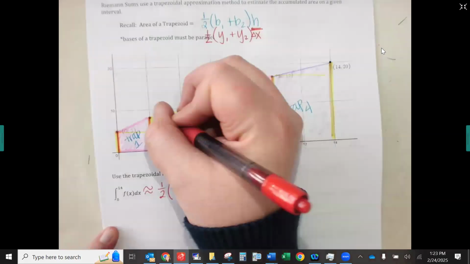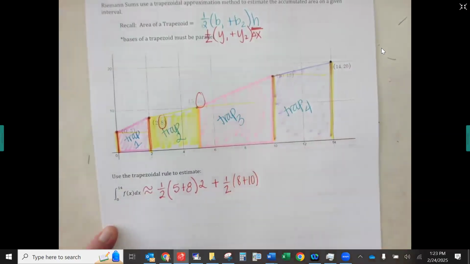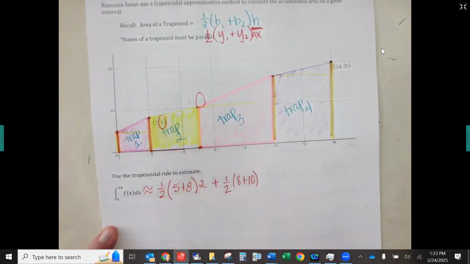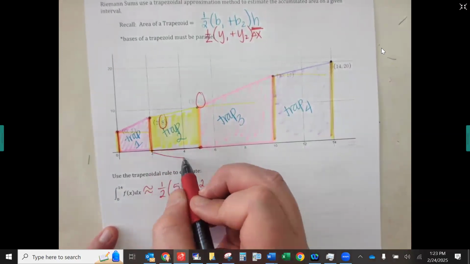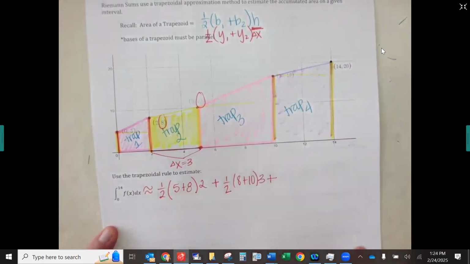So it'll be 8 plus 10. The width between them should be measured along the x-axis. From 2 all the way to 5, how wide is the base? The delta x is 3. Very good. Plus.